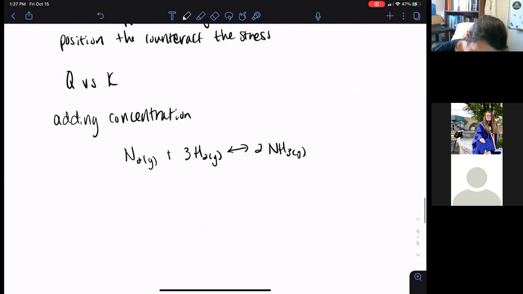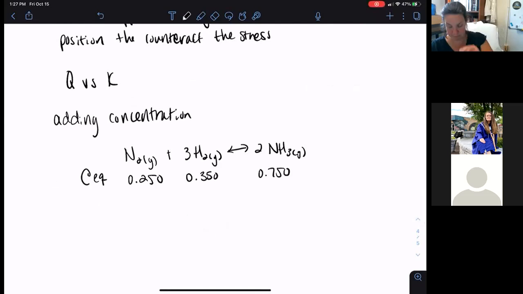Let's say at equilibrium, our concentrations are 0.250, 0.350, and 0.750, something like that.